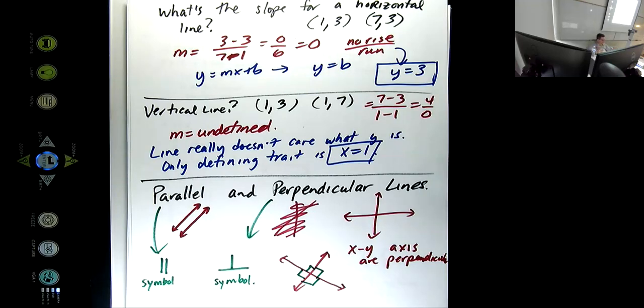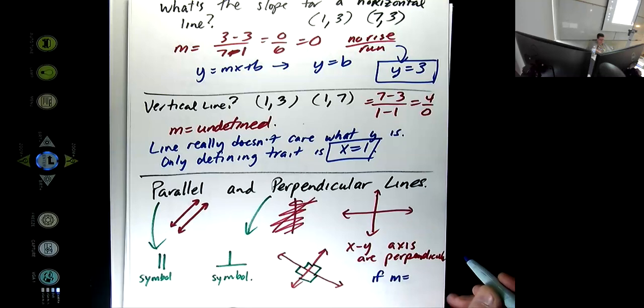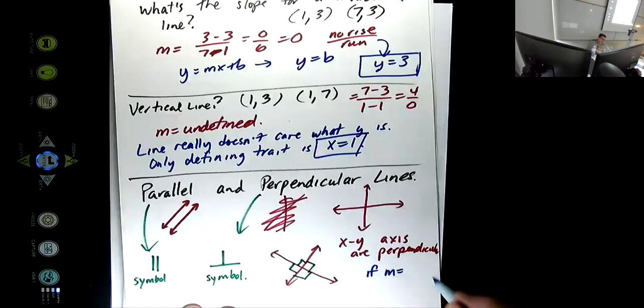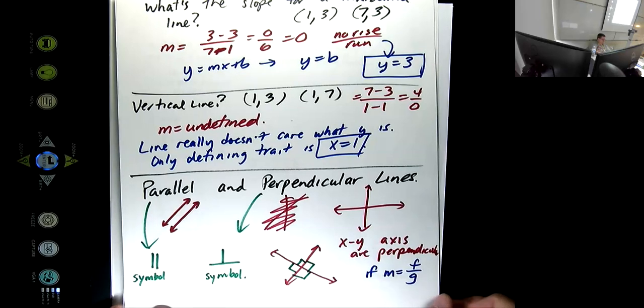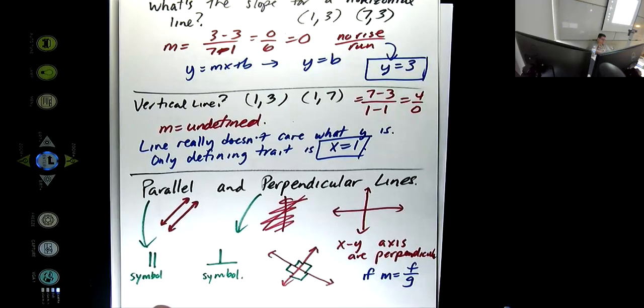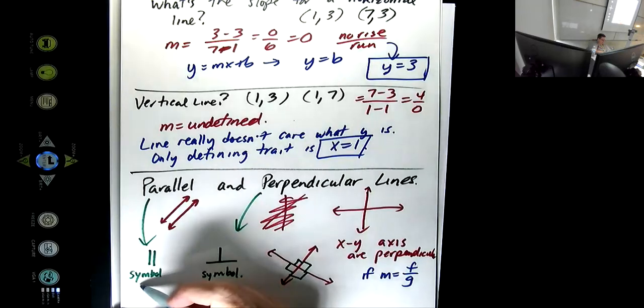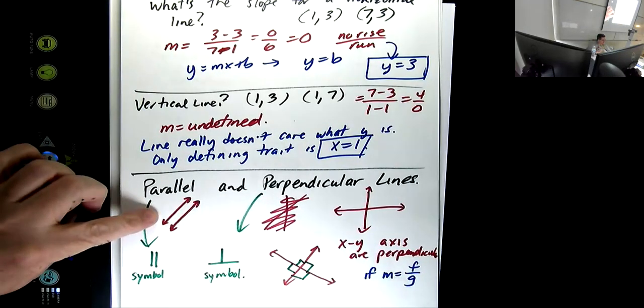So what's fun about lines is if m equals f over g, just some numbers, parallel lines have the same slope.